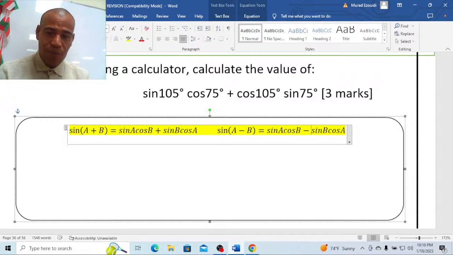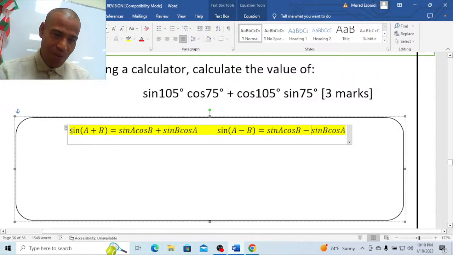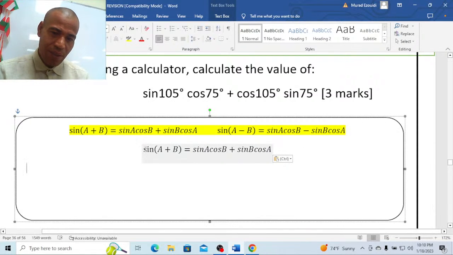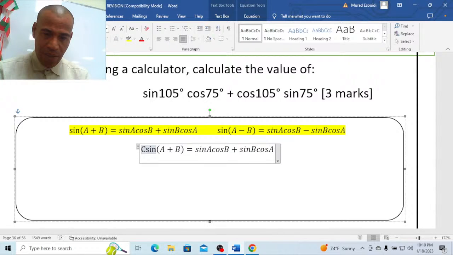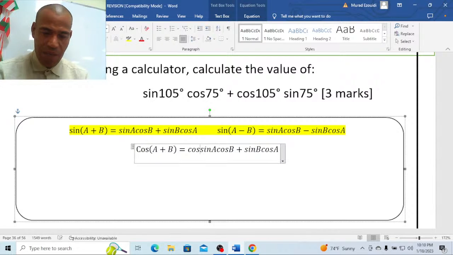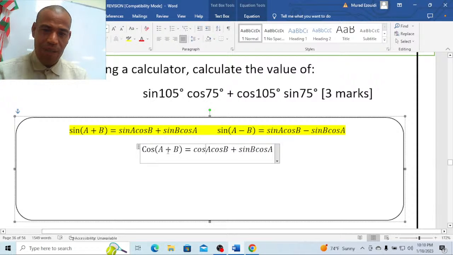And for cosine, learners, I will now use cosine A plus B. Cosine A plus B is equal to cosine A cosine B minus, because when you are going to use the expansion of cosine, you should reverse what exactly?